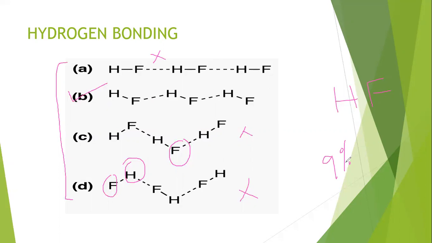As we know, water has a density of 1 gram per centimeter cube and ice has a density of 0.917 gram per centimeter cube. So there is a difference of density between liquid water and ice. Ice floats over the water due to the difference of density.